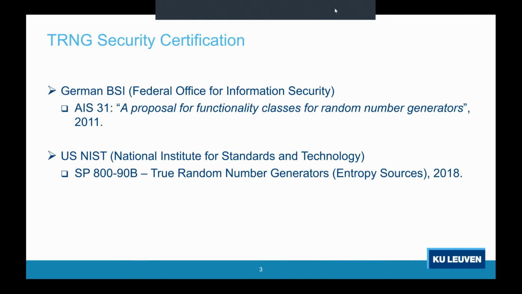However, NIST requires that if the post-processing which is used is not cryptographic, then the min-entropy has to be at most 0.99 bits. So we have these two very similar approaches, but they have requirements that are sometimes conflicting with each other.